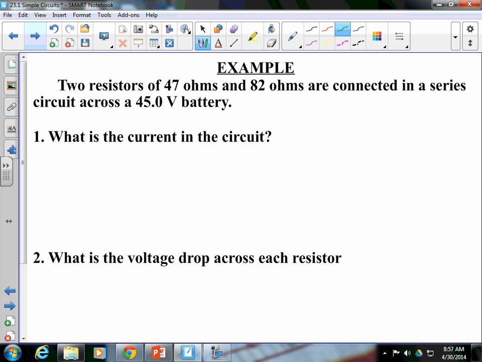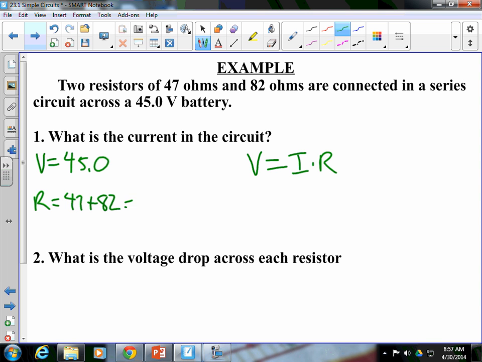Well, we can solve for current using voltage is equal to I times R. We have our voltage. Our voltage is 45 volts. We need to figure out our resistance. Remember, to figure out the overall resistance in a series circuit, you add together all the resistors. We have 47 ohms plus 82 ohms, so our total resistance is 129 ohms in our series circuit.